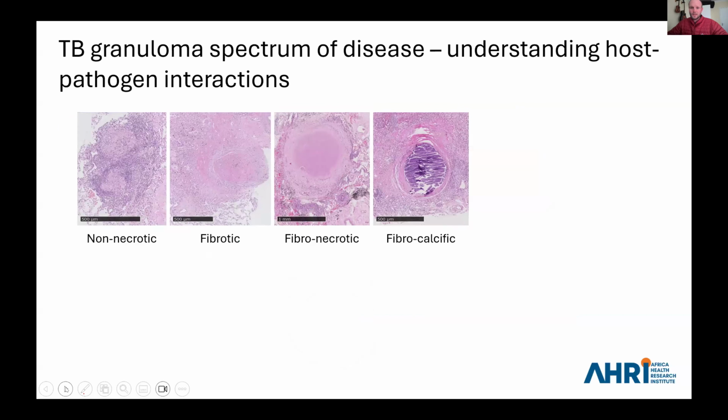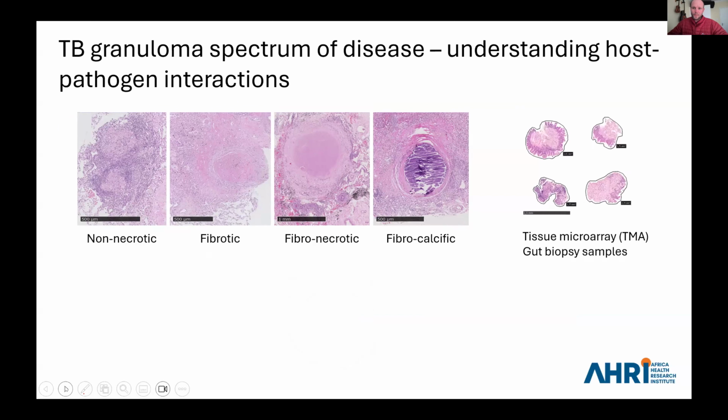So we're focusing on TB, and we're wanting to look at the host-pathogen interaction at the sites of disease in the human lung. What I do also want to include is a second approach that we've taken in using tissue microarrays, and this is from a different study using gut biopsies.